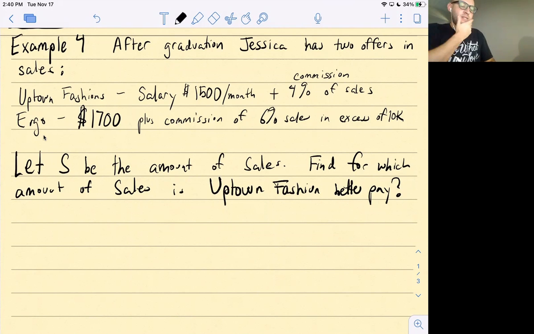Okay, so what do you guys think? What equation could we set up here? What inequality could we set up to solve this? Anyone have any thoughts?